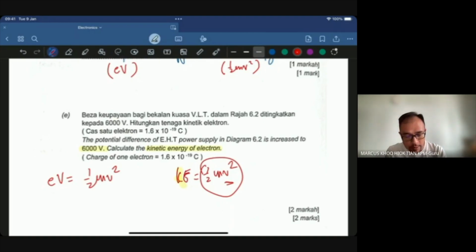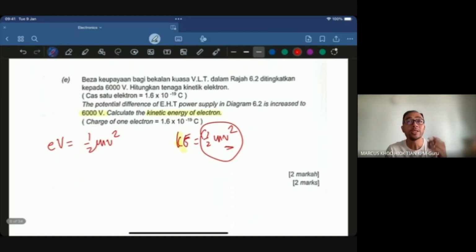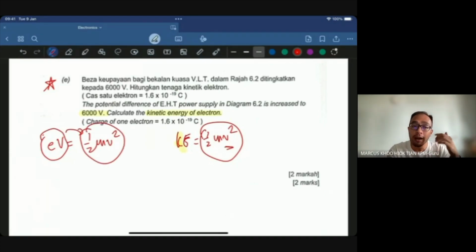This question is very important because it tests us on our understanding of this energy change. Of course you have to assume that there's no energy loss, which doesn't happen in the real world, but fine. Assuming that there's no energy loss, if all the electrical potential energy converts to kinetic energy, then if I calculate the electrical potential energy, I have also calculated the kinetic energy already, because it's the same value.